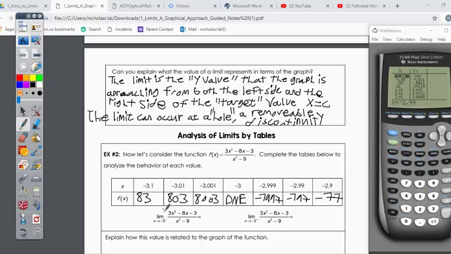The limit as x approaches negative 3 from the left is going to be equal to infinity, and the limit as x approaches negative 3 from the right is going to equal negative infinity. So you see a numerical example. Look at page 1 for this function for the graphical example. You can really see what happens as you're approaching negative 3 from the left and the right.